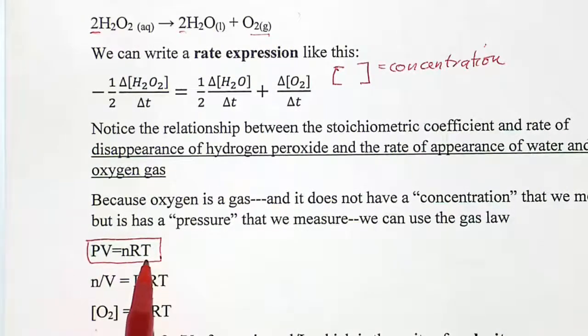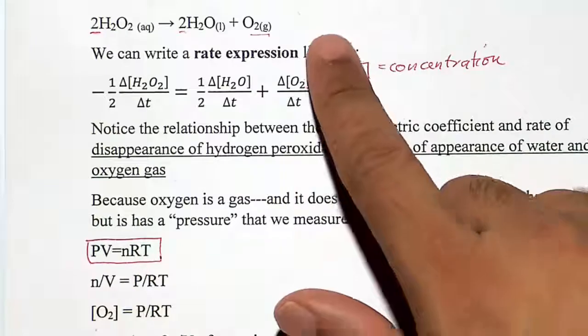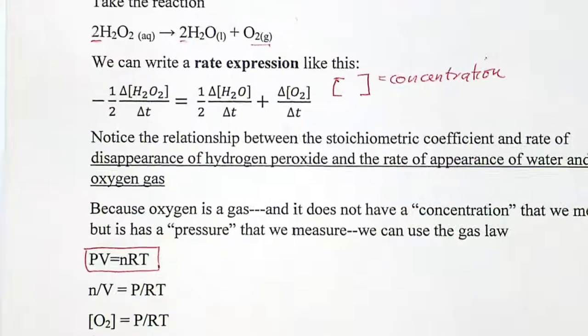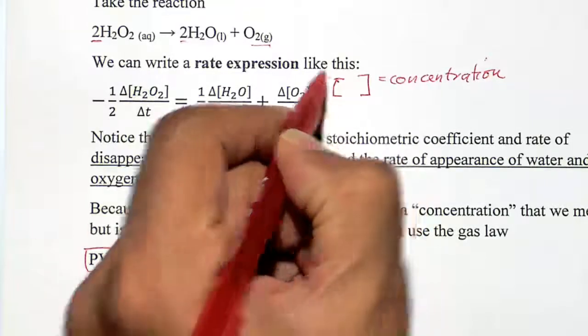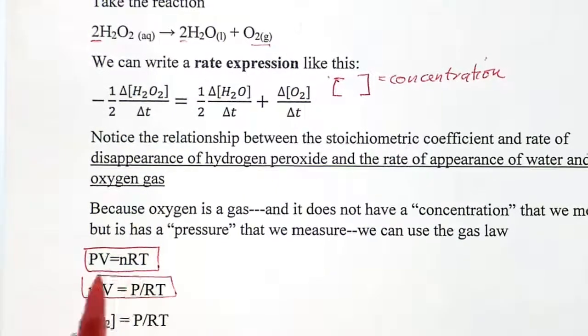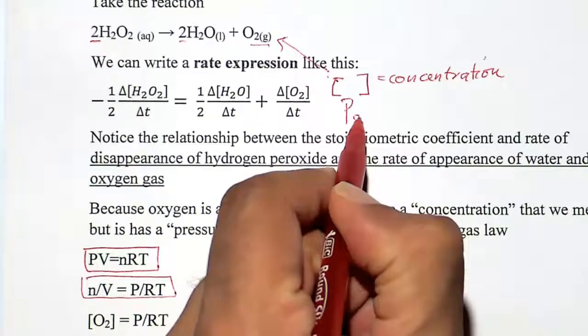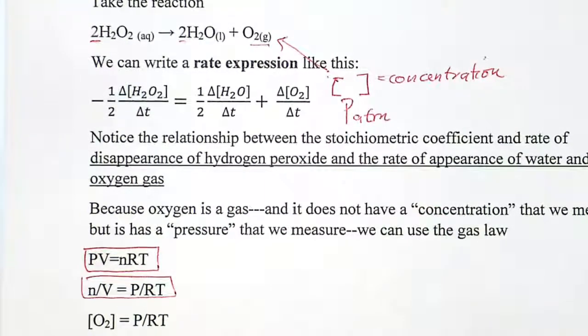P will equal nRT over V. So just be aware that oxygen can be expressed both ways. It can be expressed as a concentration, in this case moles per liter, or it can be expressed as a pressure. And when it's expressed as a pressure, it's usually expressed as atmospheres or millimeters of mercury or torr or some appropriate unit of pressure.